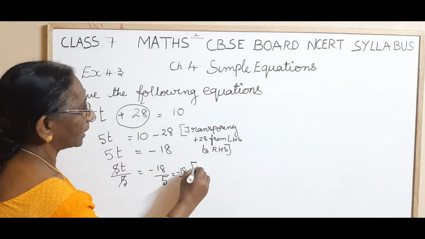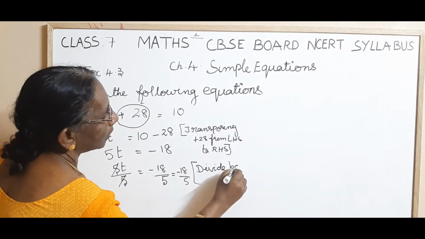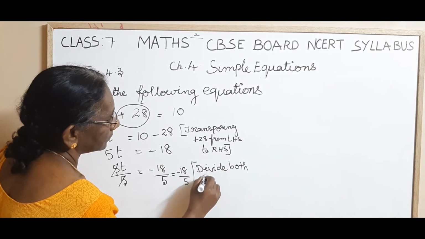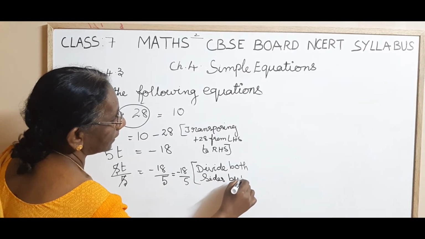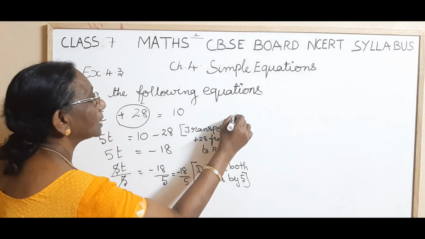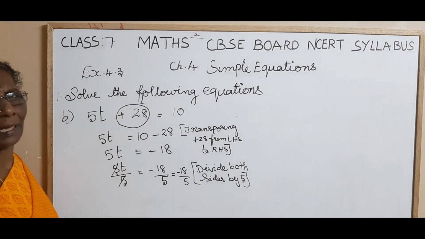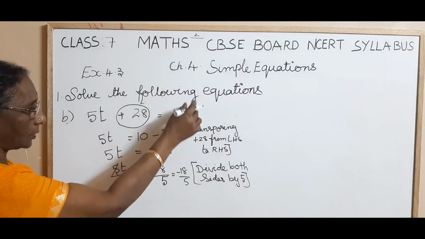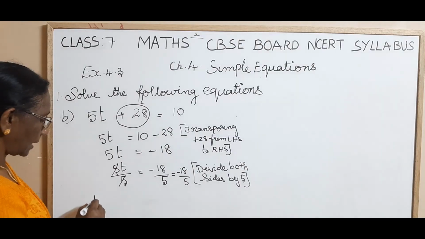So what have you done? Divide both sides by 5. Okay, children, and these two steps no need to write. If you want, you can write, but you can cut short the steps, and if you write only this it is enough. Now let us check the answer.